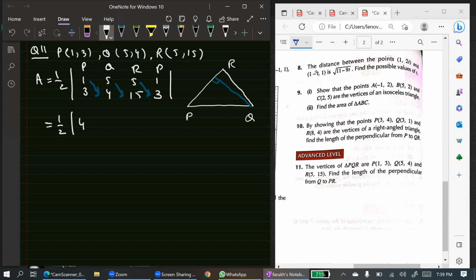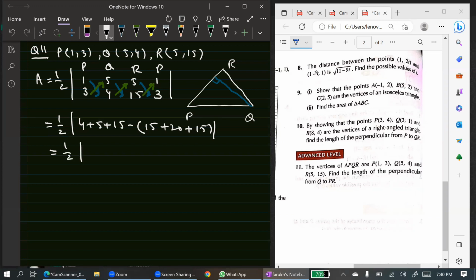One into 4, 4 plus 5 plus 15 minus bracket open 15 plus 20 plus 15.